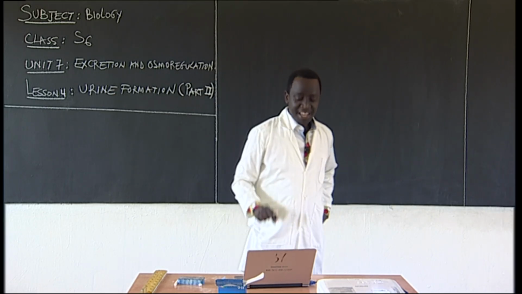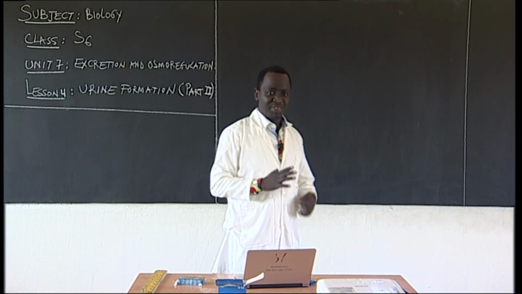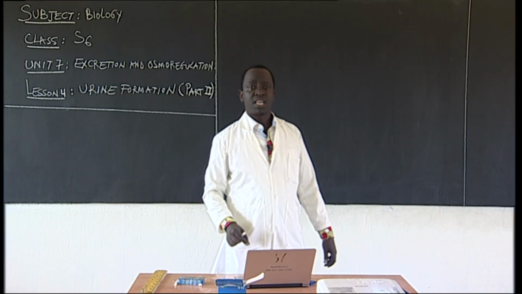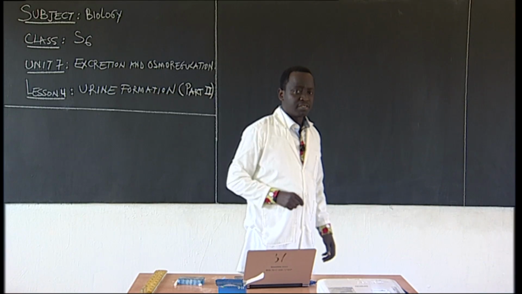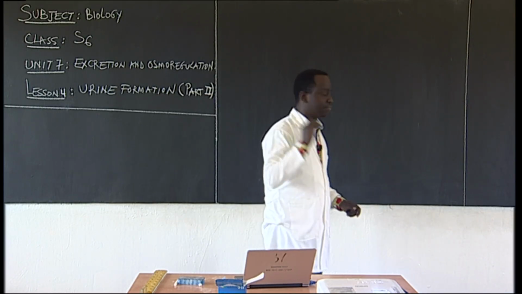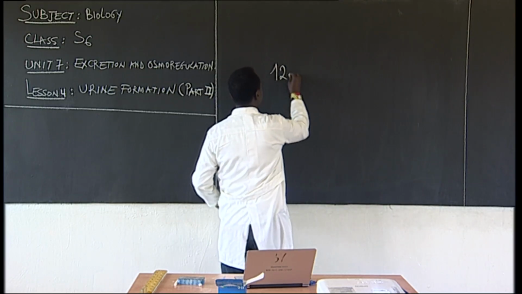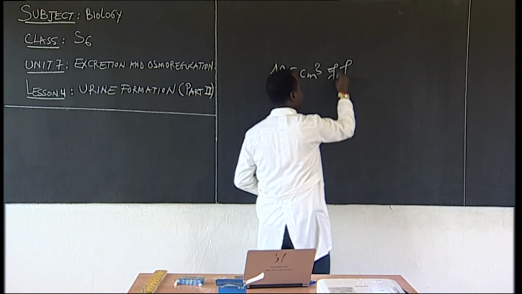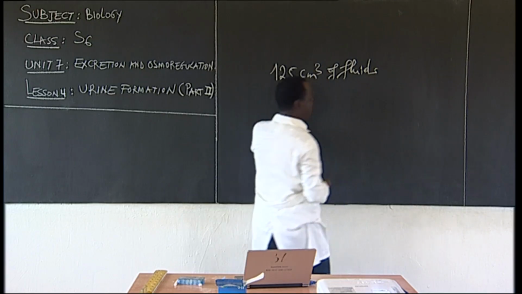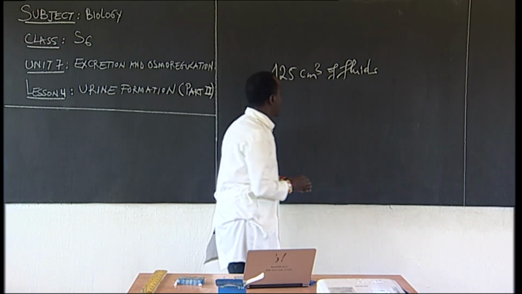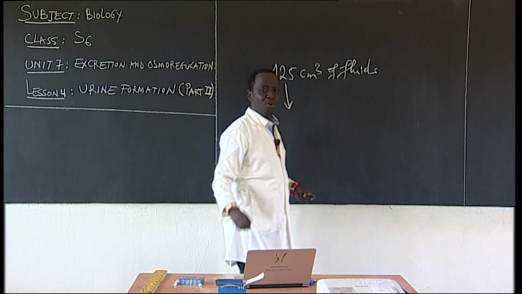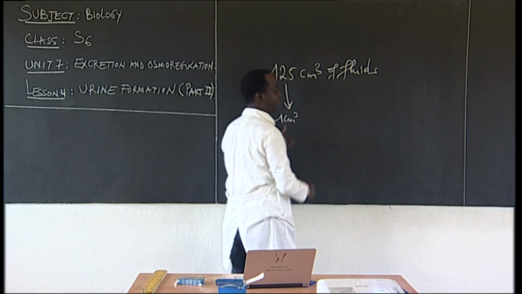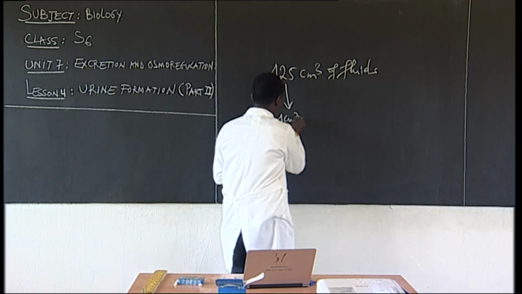Loop of Henle. Now, you can ask yourself, during at least 1 minute, we have this 125 cubic centimeters of fluids that has to be filtrated. Among these, only 1 cubic centimeter, actually it's like 1 milliliter, is formed as what?